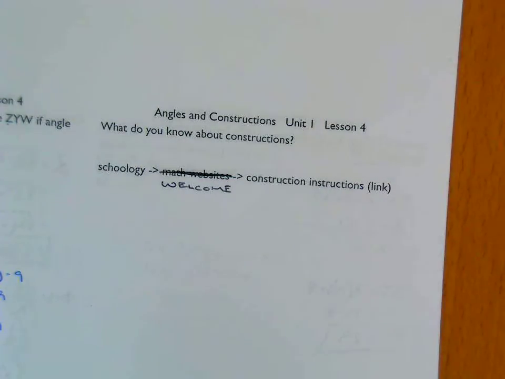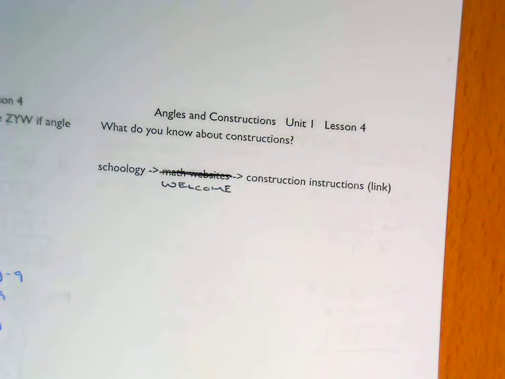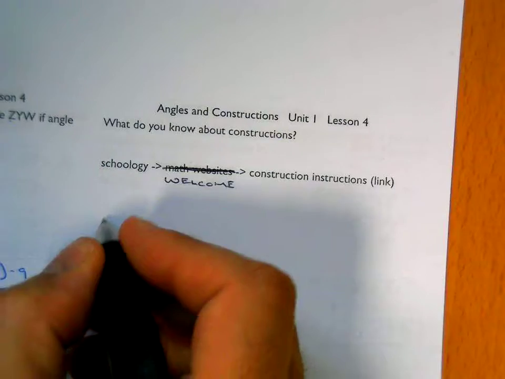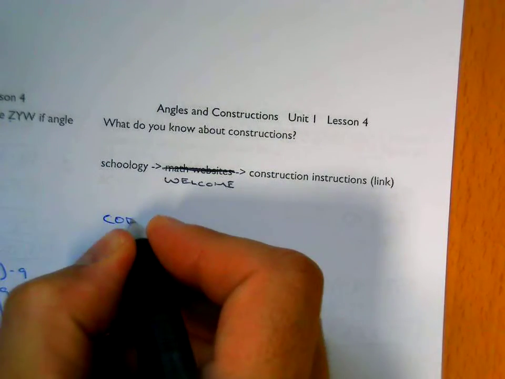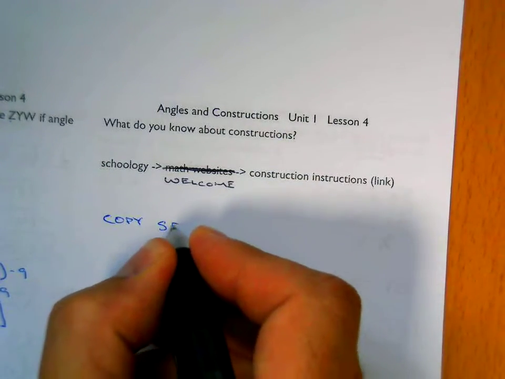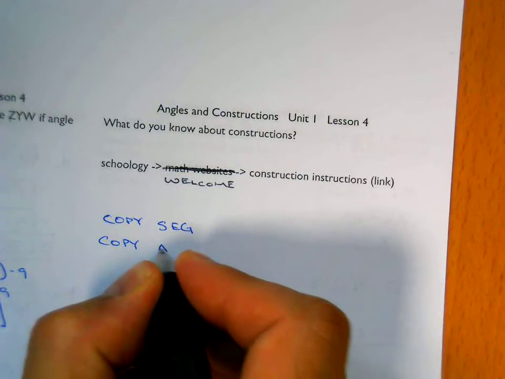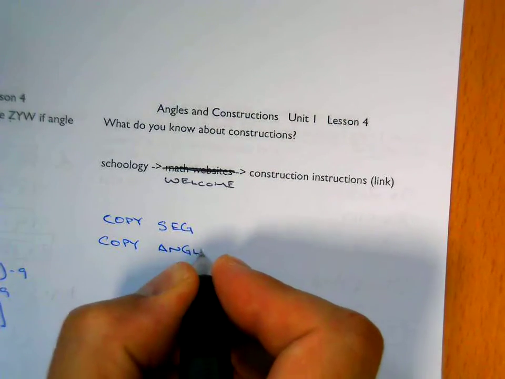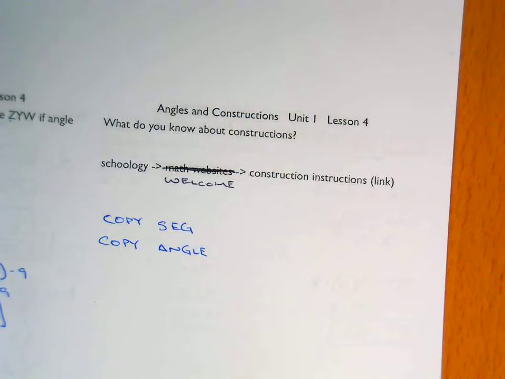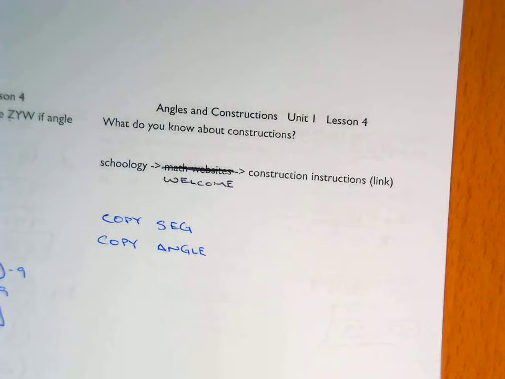Today we are going to be covering the first 4 of the most basic constructions, which include copying a segment, copying an angle, and 2 others, which you will find on your homework today.